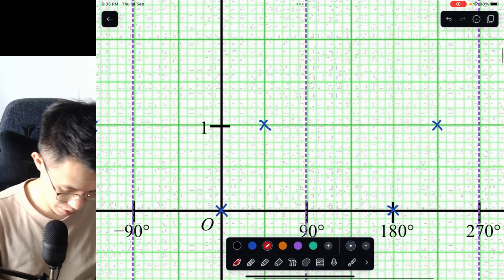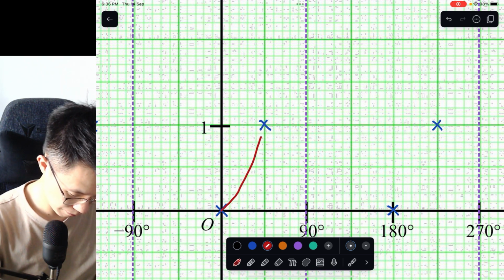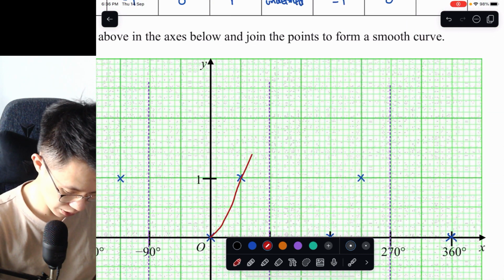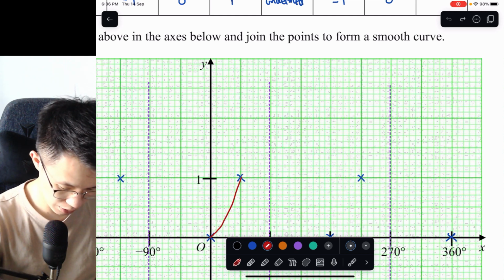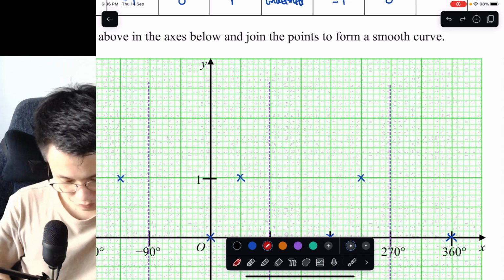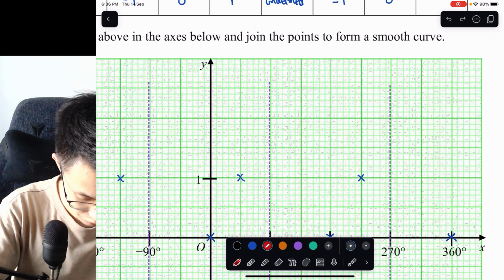So what happened is you're going to draw from here. It's going to start from here, go up, and hit this point, and you approach the 90-degree mark, but it will not touch it. You may have some problems drawing it at first, like me right now, especially if the graph is not well done for you.